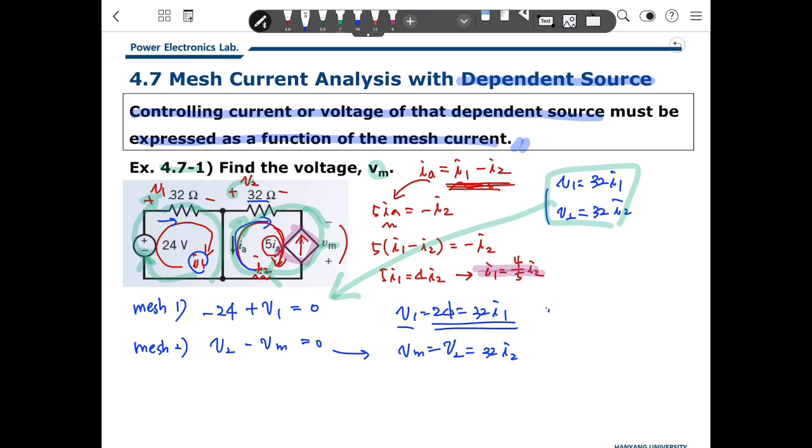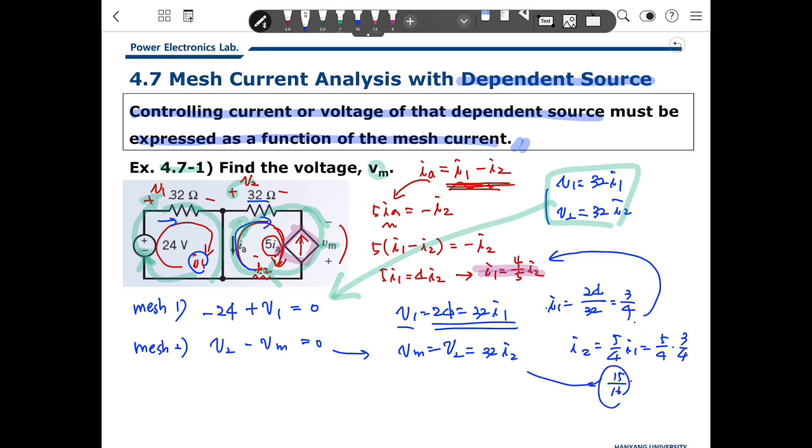So based on this, we can calculate I1 and I2. Then when we insert that value here, Vm will be 3. So that's the way to calculate Vm here.